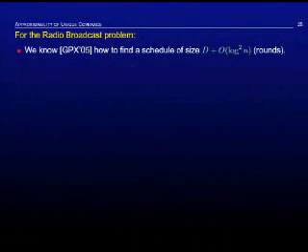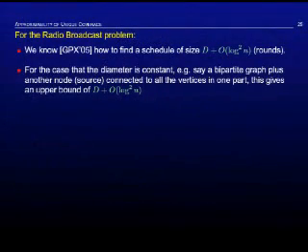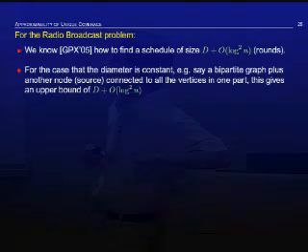Now, this is the last slide. For radio broadcast, we know that there's always a schedule of log square n rounds. And for the case that the diameter of the graph is constant, for example, if we have a bipartite graph and there's one extra node that is connected to one part and has the message.